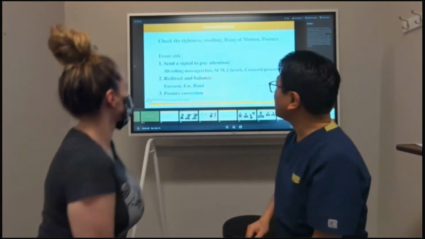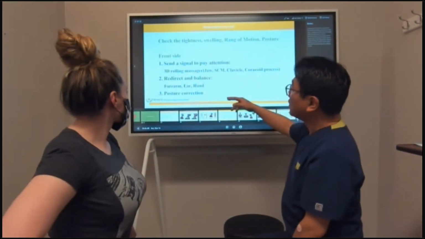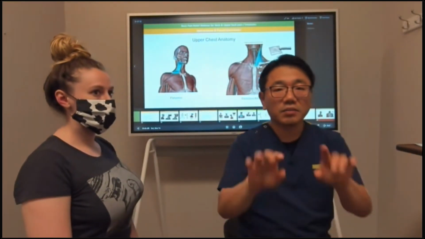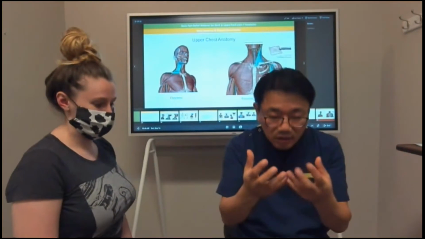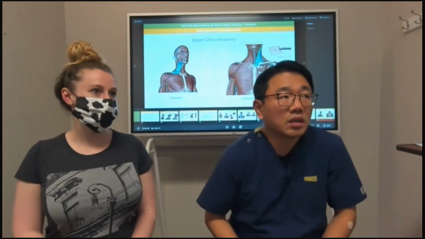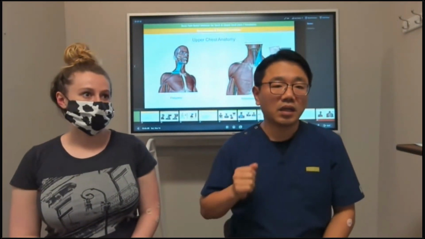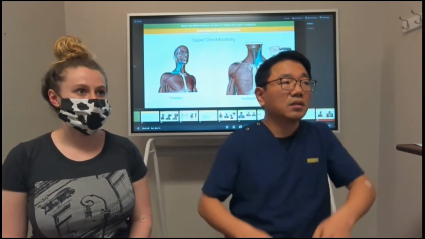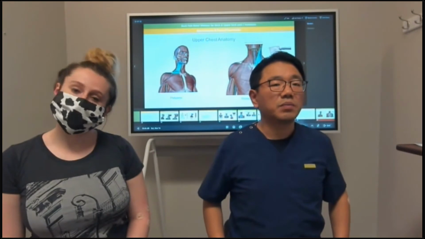So, front side. Posture is important because a lot of the time we do computer work and cell phone work, our posture goes like this way, and your scapula is rotating in this way. So making proper posture is important.